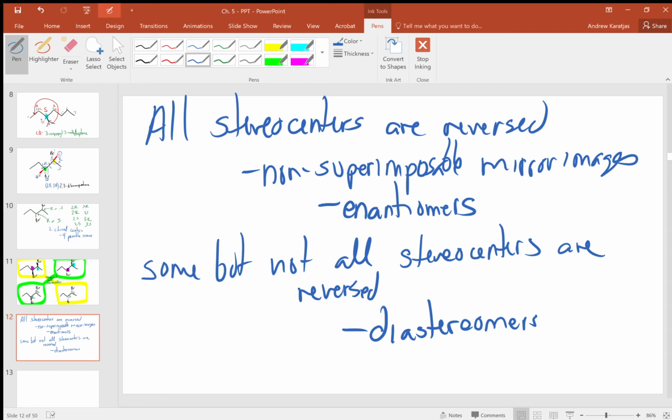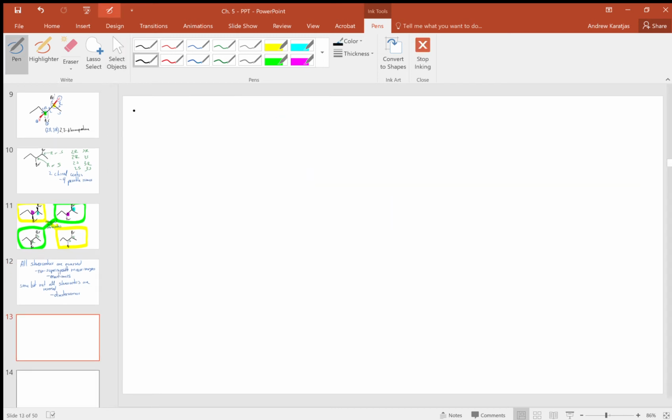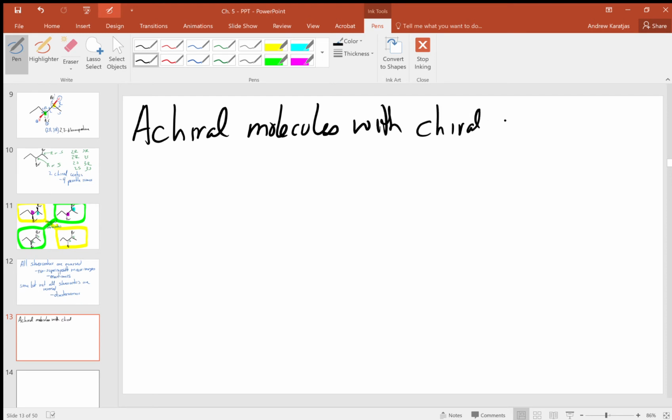Now, the final category we want to mention is a kind of special case. What about achiral molecules with chiral carbons in them? So if we look at this structure here, how many chiral centers does this molecule have?